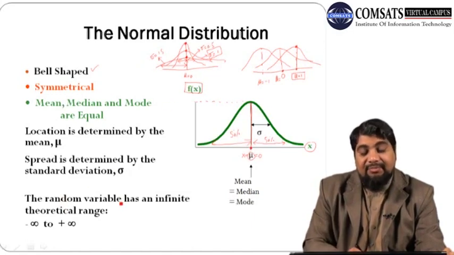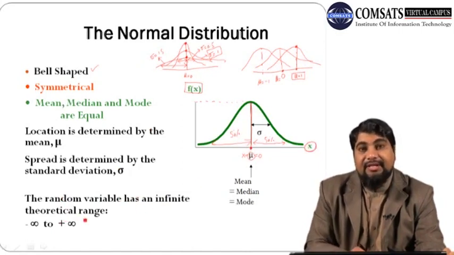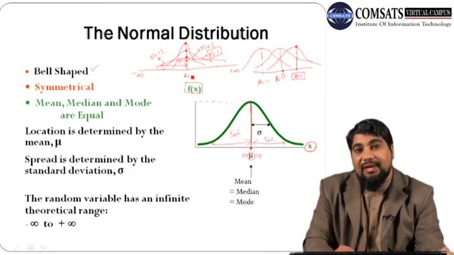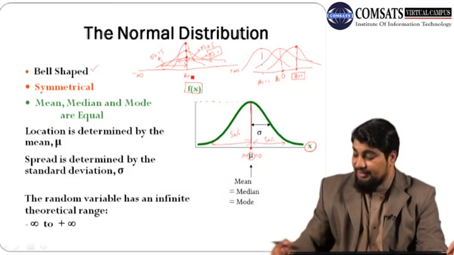The theoretical variable x in this case has an infinite theoretical range, that is, it ranges from -infinity to +infinity. So here we can draw -infinity to +infinity. So x can take any value within this range.